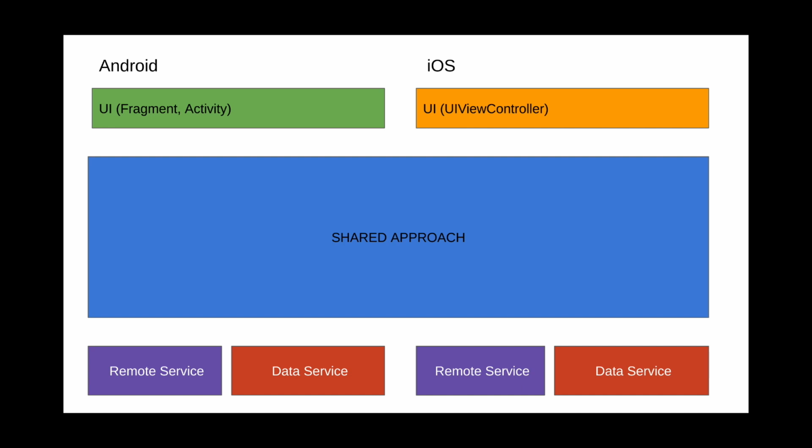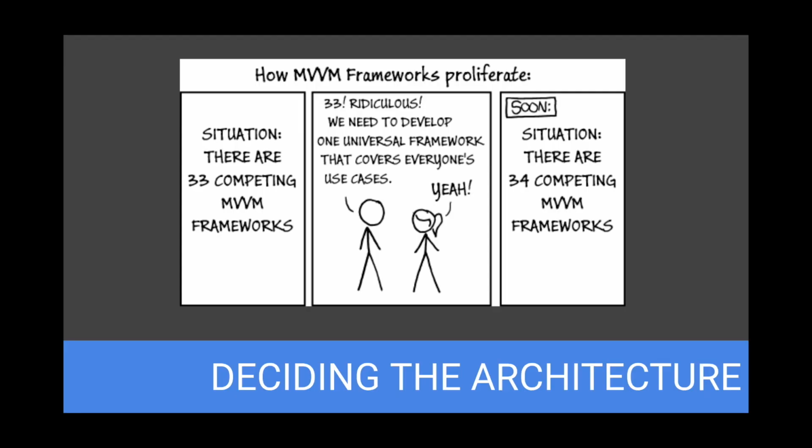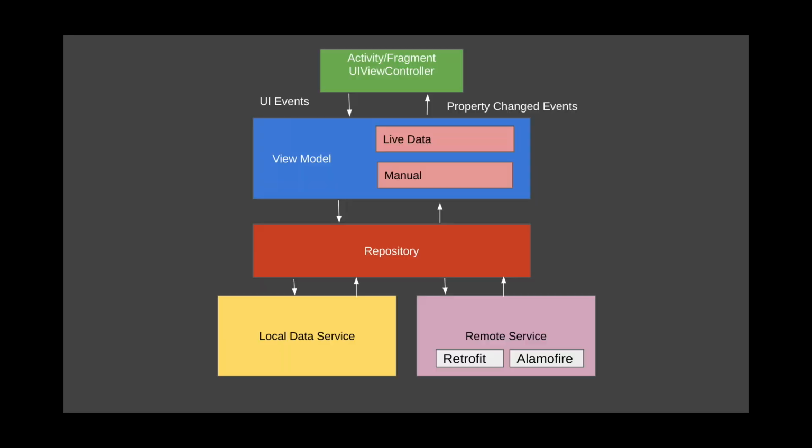As Ceci is explaining, we focus on this business logic right here, and we decided to use the common libraries. So we didn't end up inventing a new MVVM library. We chose our own flavor of clean architecture and MVVM for the UI part.